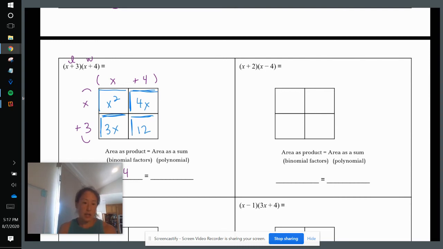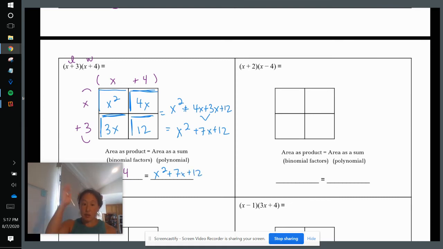How do I get the area as a sum? I add them together. So I'm going to get x squared plus 4x plus 3x plus 12. I can combine my like terms. So I get x squared plus 7x plus 12.